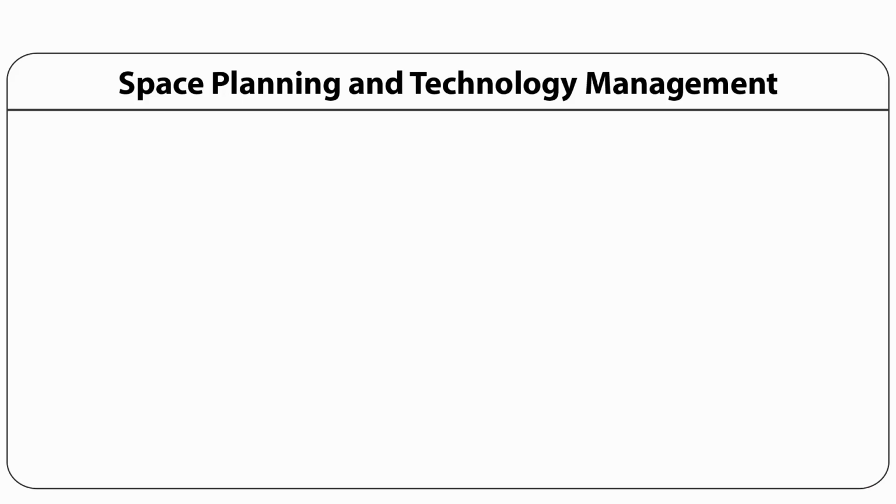So, despite the fact that technologies are shrinking and at the same time becoming more powerful, there are some technologies such as RFID which require more space in the library. So, space planning and technology management is very important.